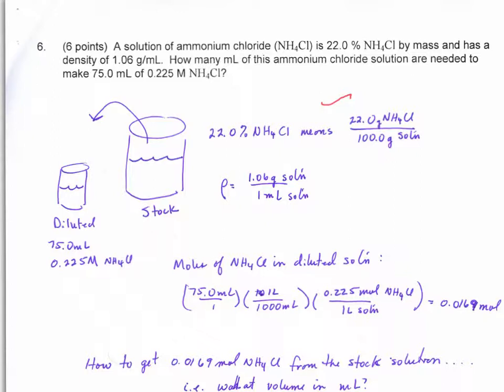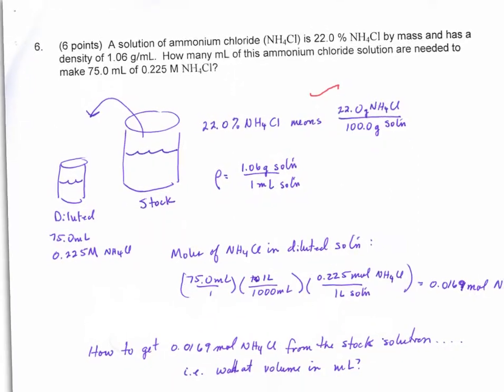And it says that you are going to make a diluted solution, and it gives you information about the diluted solution. Specifically, you're going to have 75.0 milliliters of that diluted solution, and you know its molarity after you diluted it is 0.225 moles per liter ammonium chloride, NH4Cl. And it asks how many milliliters did you need to transfer to make that happen.